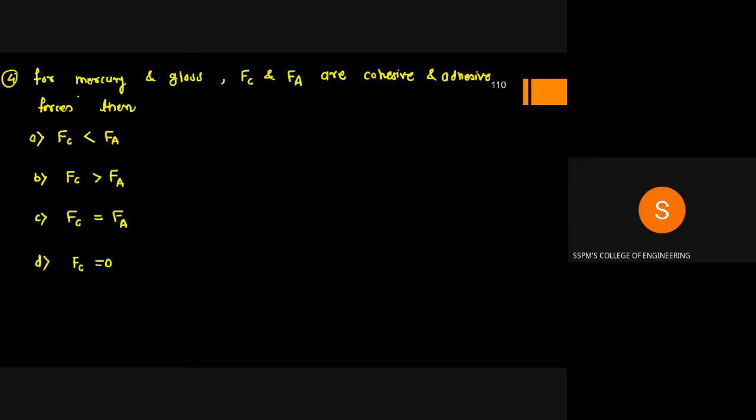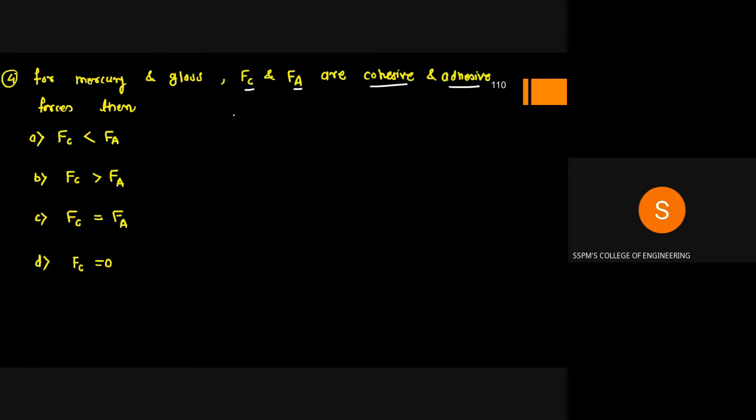Next question is, for mercury and glass, Fc and Fa are cohesive and adhesive forces respectively. Then what is the correct relation? Fc less than Fa, Fc greater than Fa, Fc equals Fa, or Fc is 0. Fc means cohesive force.